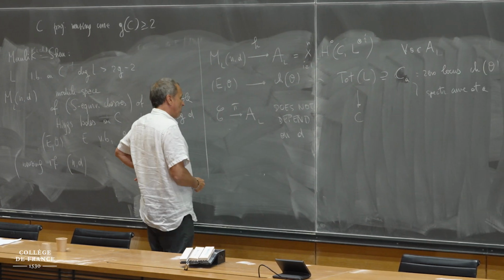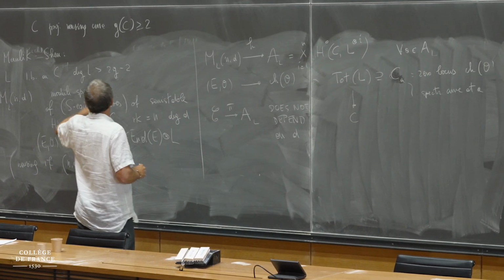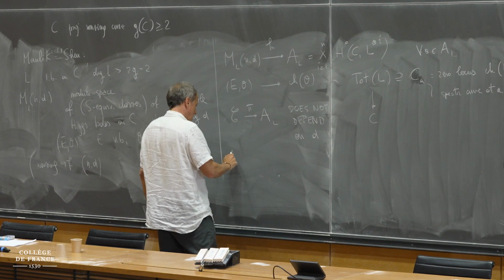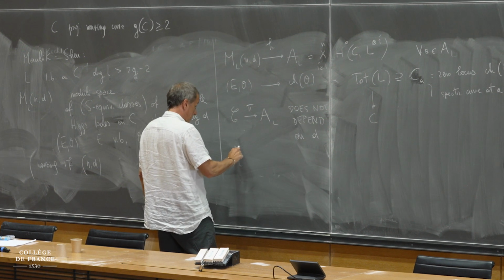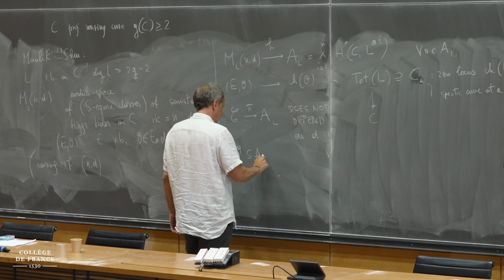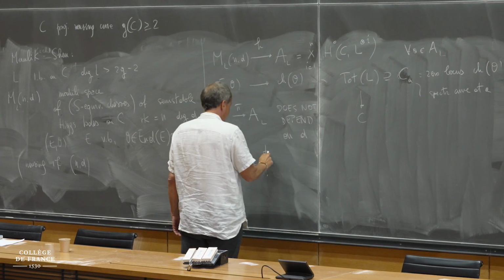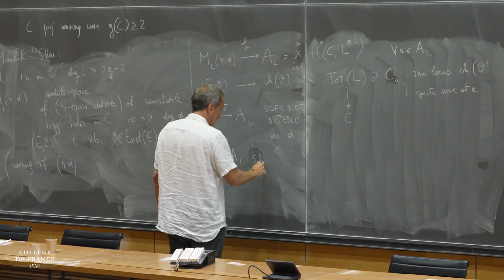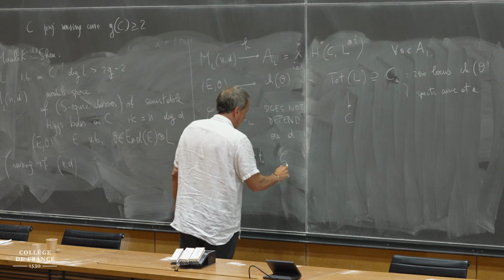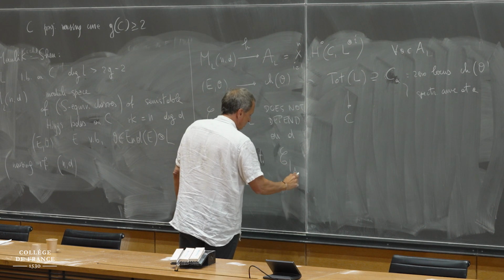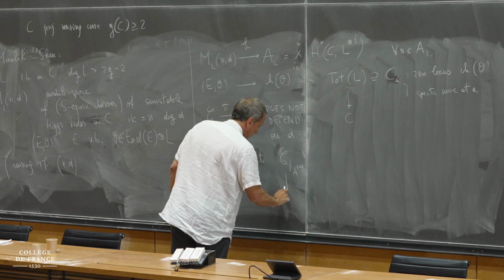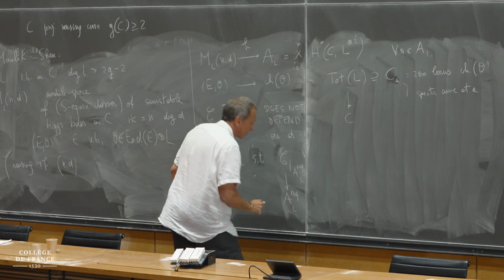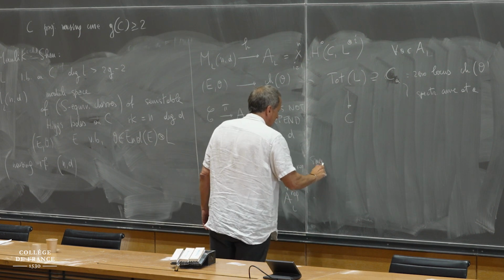On a big open set, by Bertini's theorem, given this hypothesis, there is a dense open set such that the restriction of the map to it is smooth.